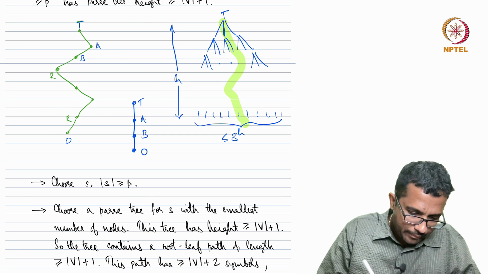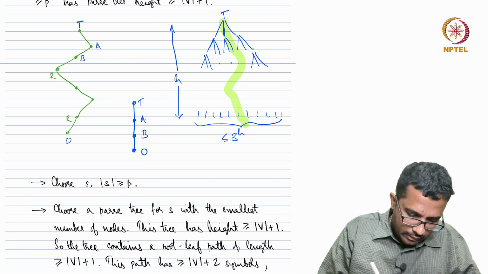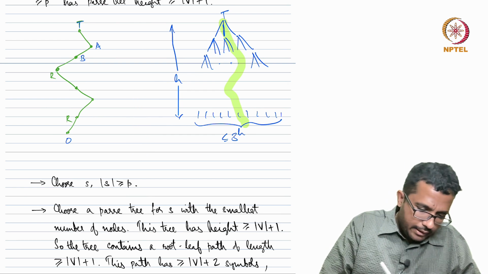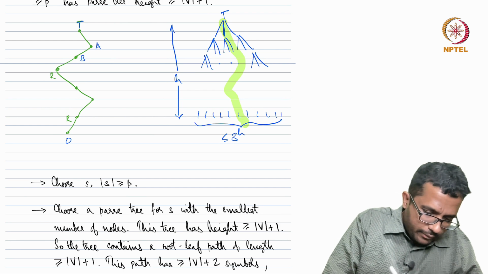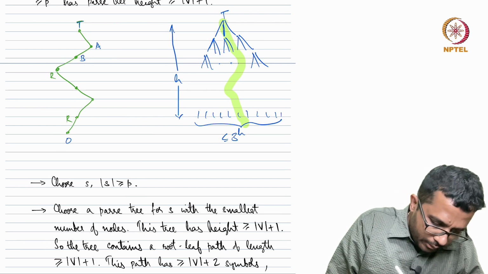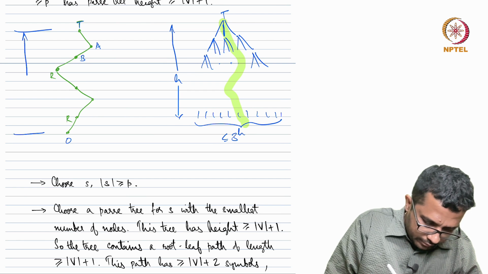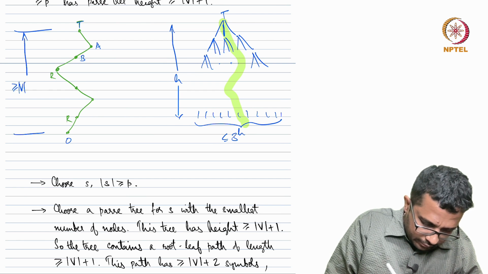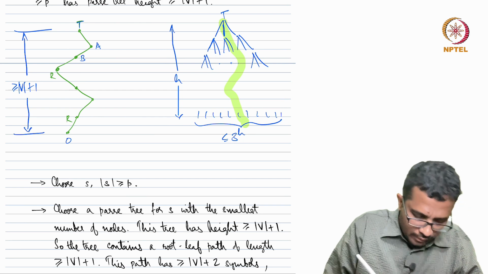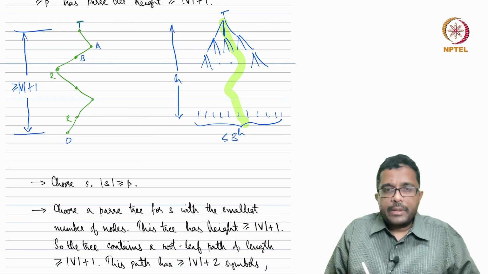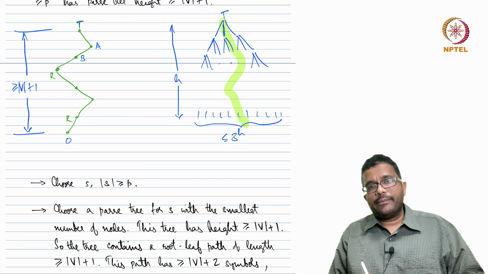So in this path of height v plus 1, there are at least v plus 1 variables and one terminal.